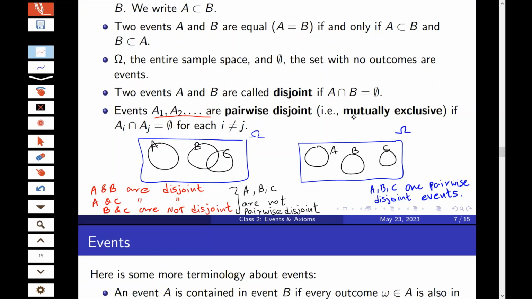Pairwise disjoint, or another word we can use is mutually exclusive, if A_i intersection A_j is a null set for each i and j that are not equal. That's how we show it mathematically. If a set is pairwise disjoint, it means if you consider any pair, those are disjoint.